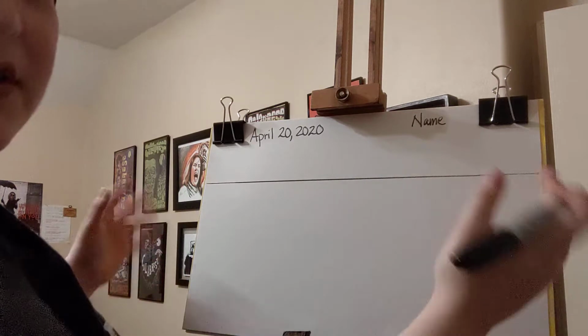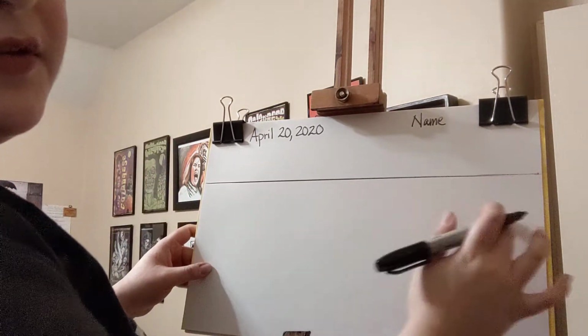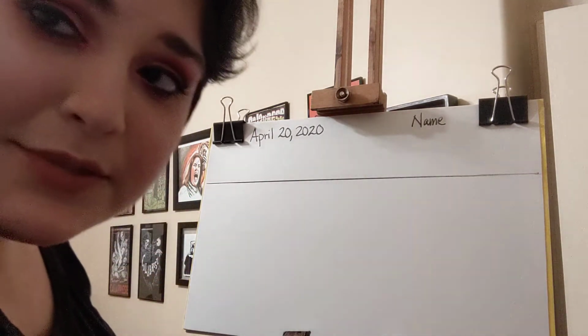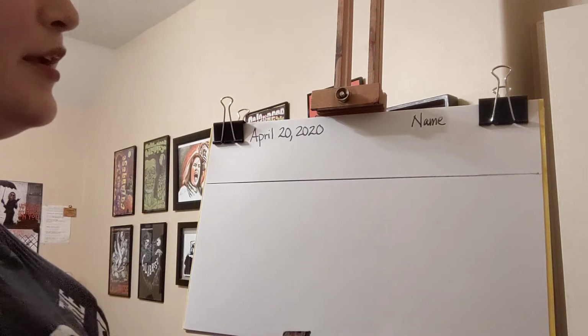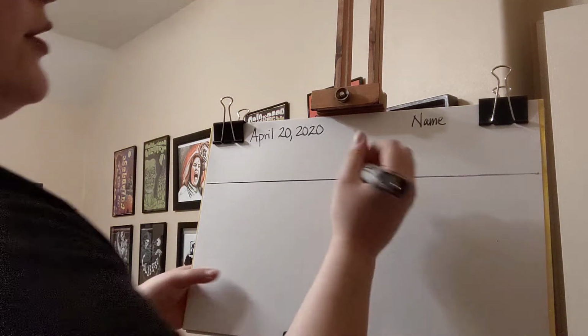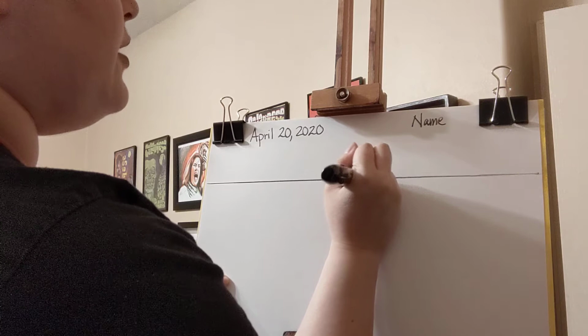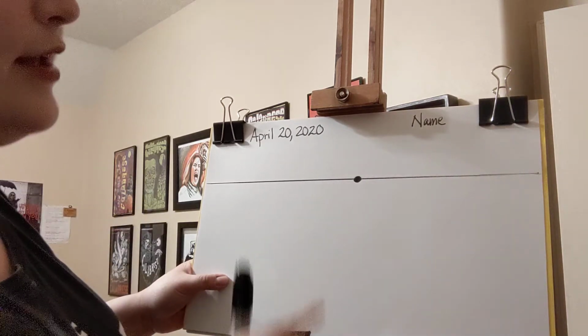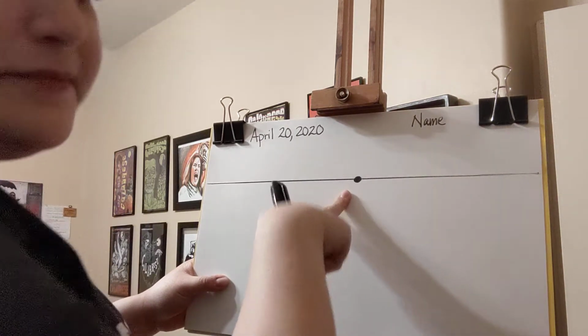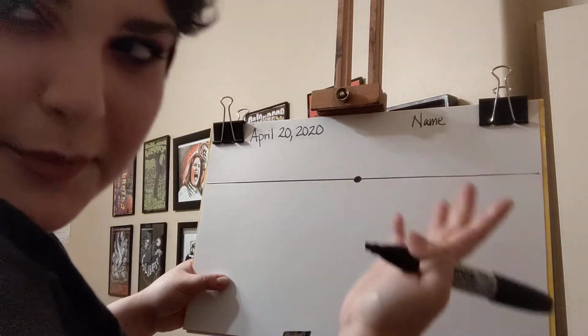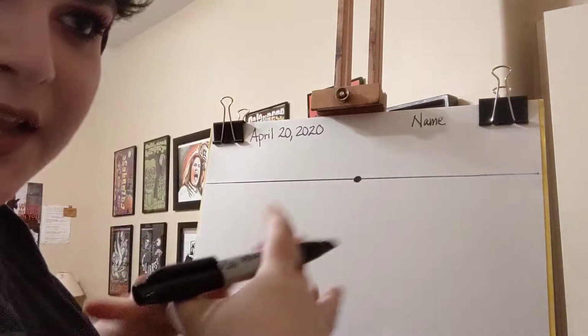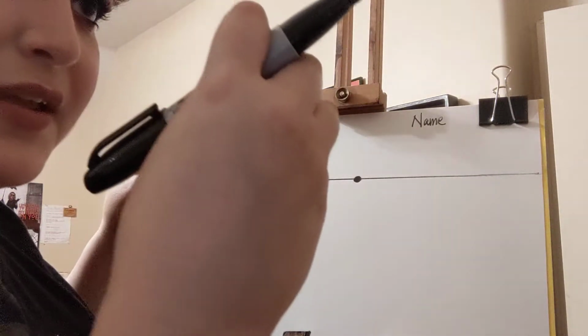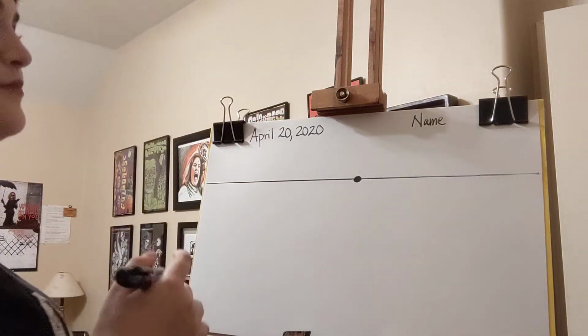You can even do it just right in the middle of the paper too. Totally up to you. Alright, now that you got your line, we're going to put a little dot right here in the center, and that is our vanishing point. That's basically our starting point where everything is going to be gravitating towards.